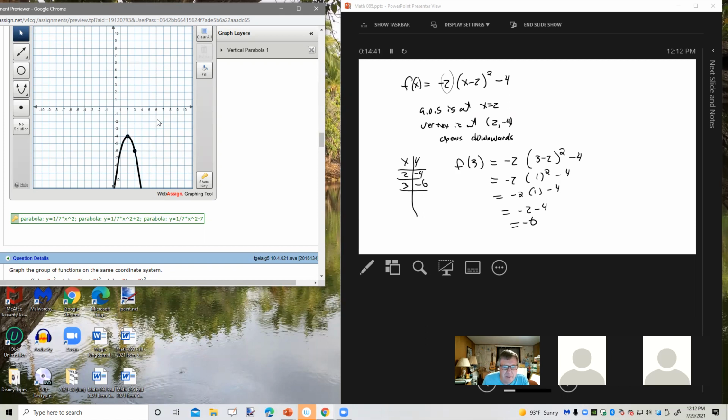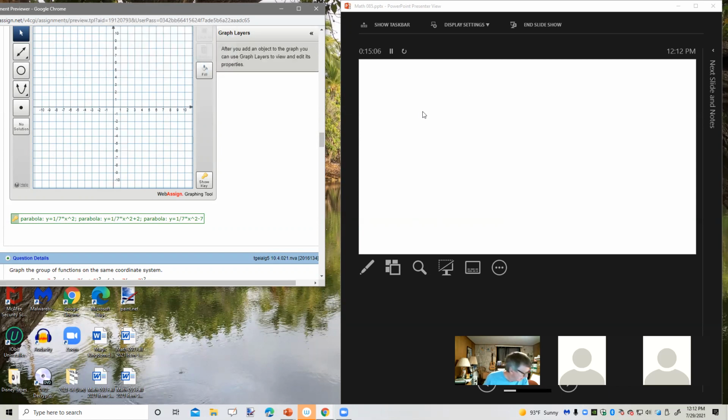So anyway, that would be the graph of this function. Notice the vertex is at 2, negative 4. It opens downwards. The axis of symmetry. Now, if you were graphing this by hand, you'd put a dotted line right through there. Okay. Let's take a look at another one.